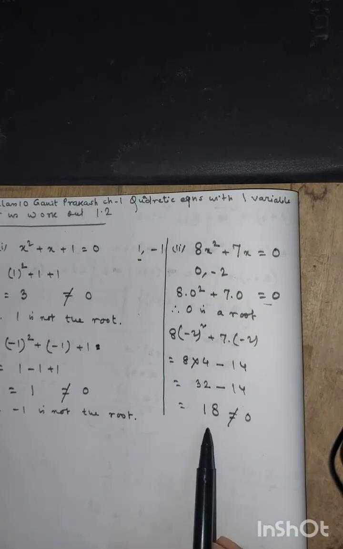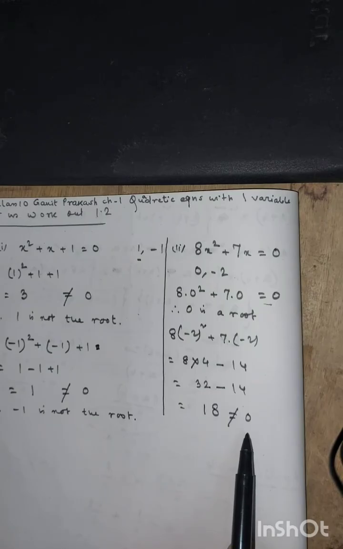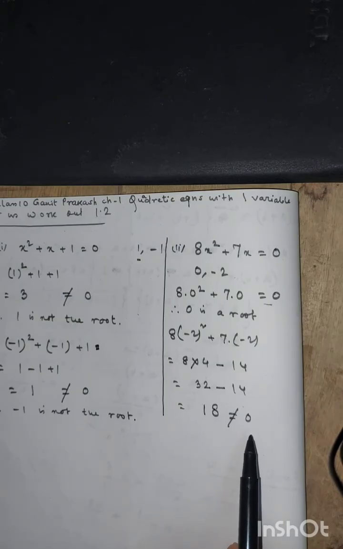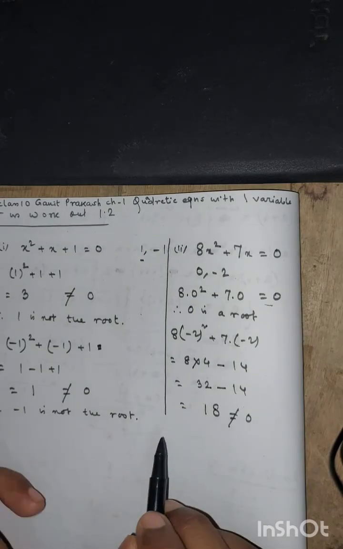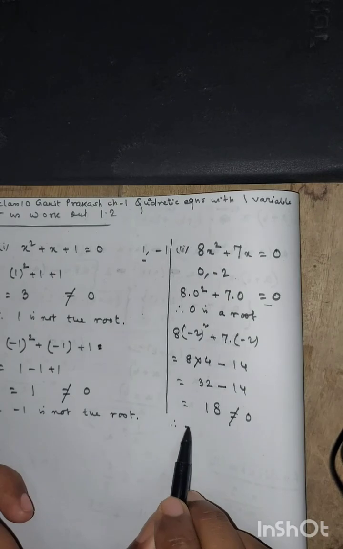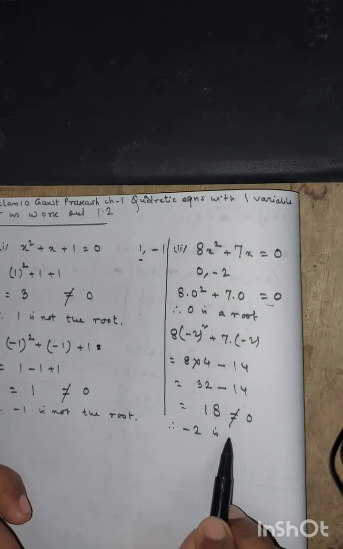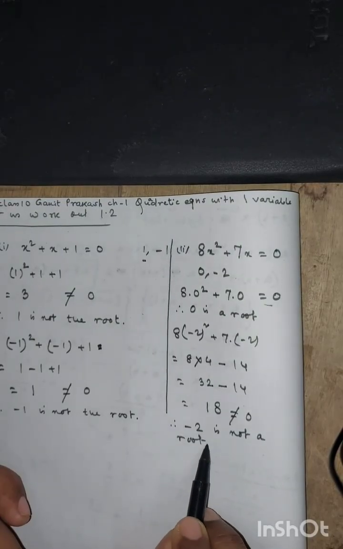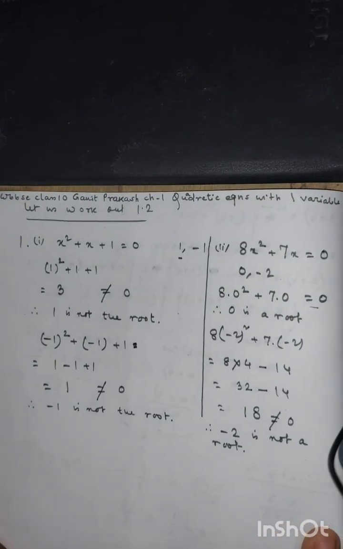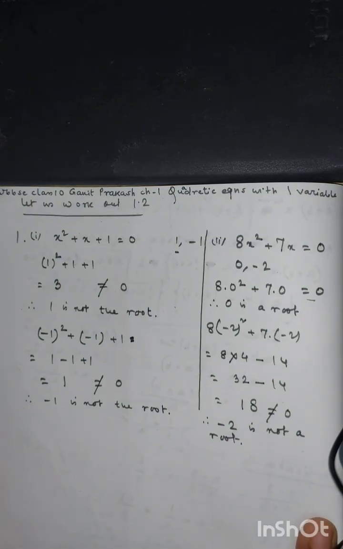That means LHS is not equal to RHS. Therefore, minus 2 is not a root of the given equation. Now let us proceed to our next question, that is Roman 3.